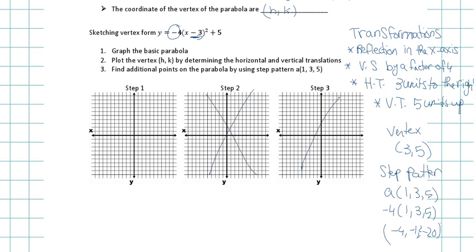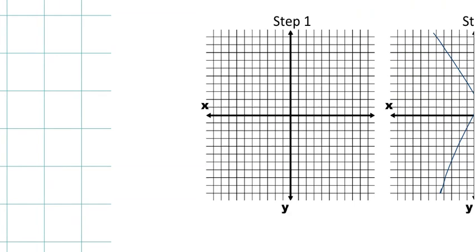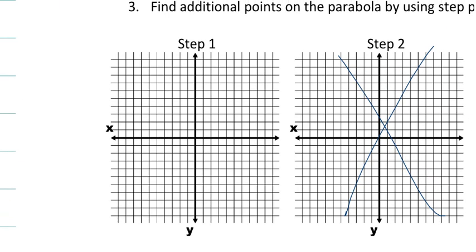I'm going to make this a little bit larger so you can see. There we go. Okay, my vertex was where? Where is my vertex? Again, (3, 5). Okay, so 1, 2, 3. 1, 2, 3, 4, 5. Remember what I told you on your quiz? If you brought me the quiz with no numbers on the axis, I told you to go back and put me some numbers, okay?